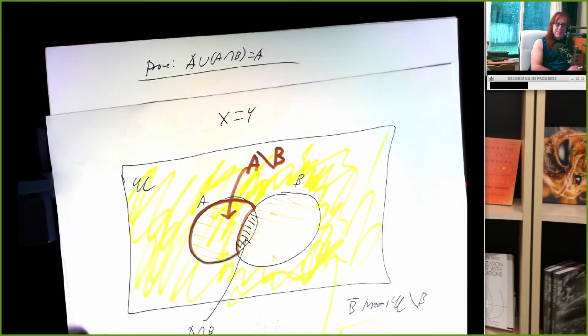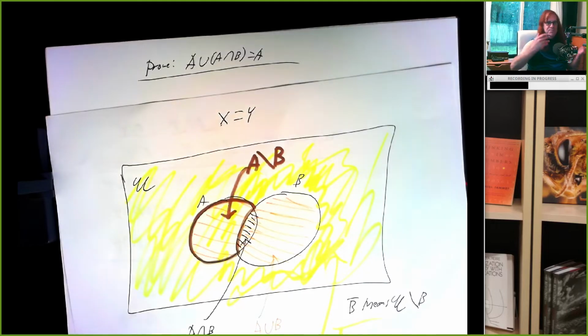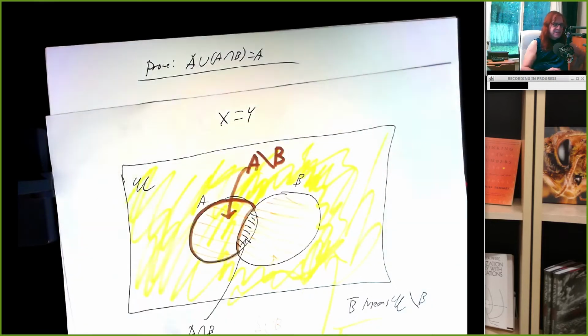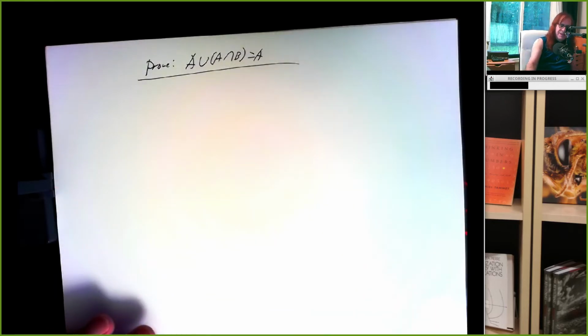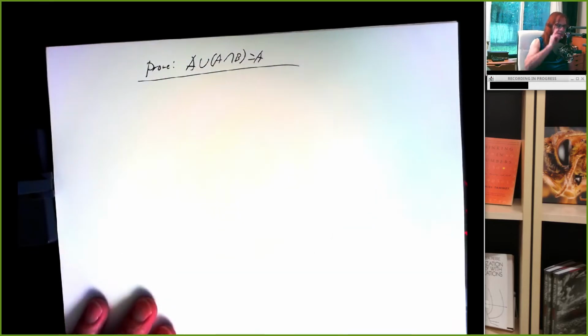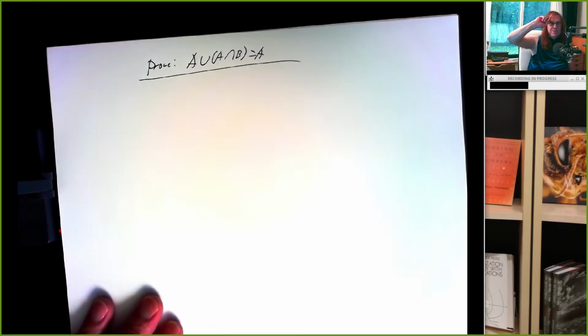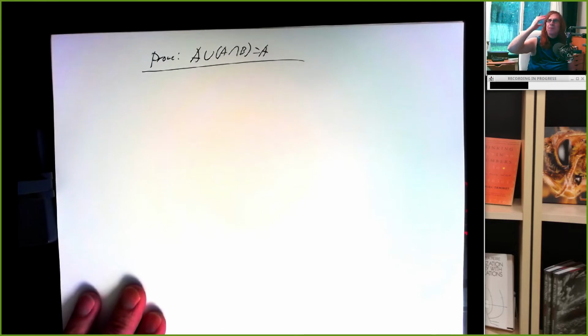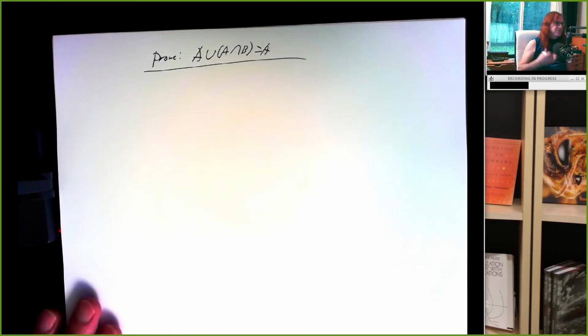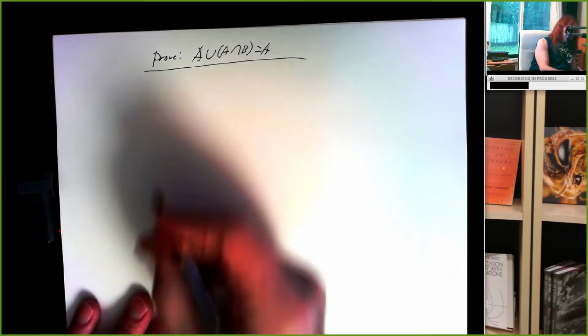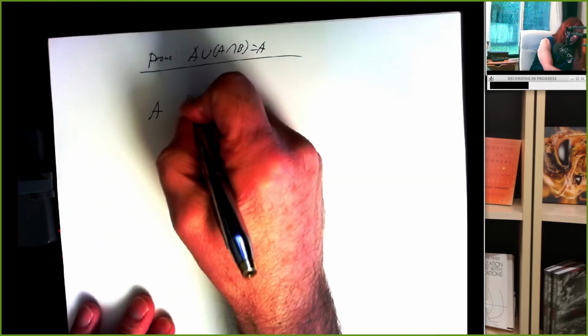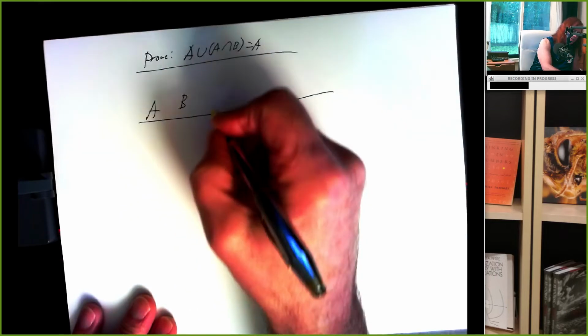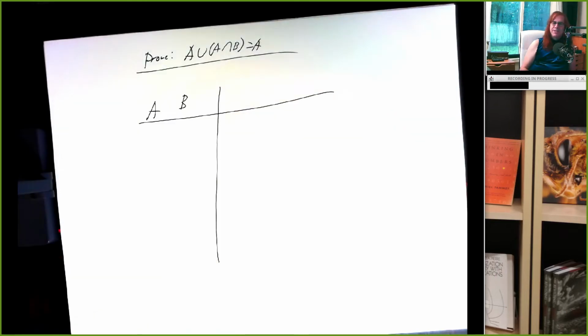If it's not in X, it can't be in Y. Well, the universe potentially contains a huge number of things, and we don't want to go through every possible thing in the universe and show that it's exactly in both sets or in either set. But we can use a trick. So let's think of some element x. Just imagine some element x. Doesn't have to be a particular element, but it's something from the universe. And let's see what happens depending on whether or not x is a member of A and x is a member of B.